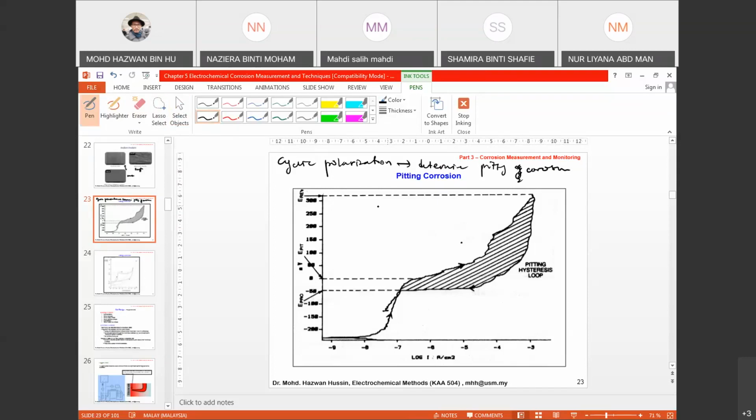All right, so how does this process actually happen? When you do a normal potentiodynamic polarization, you will get something like this, right?